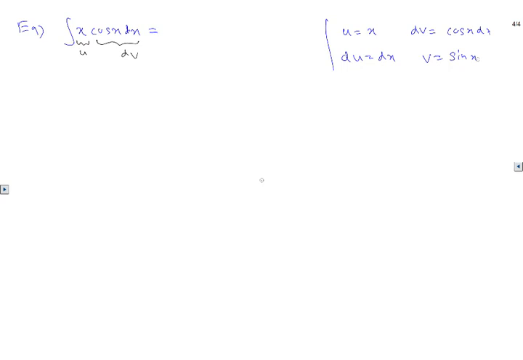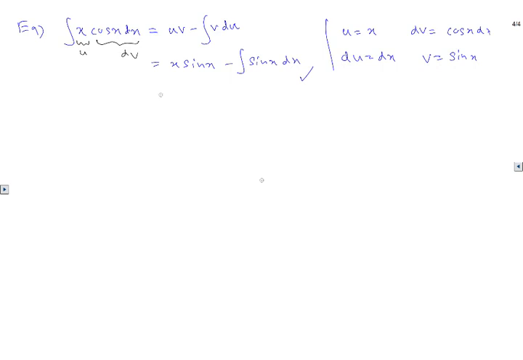The formula is uv minus the integral of v du. The u is x, so it's x sine x, minus v, which is sine x, times du, which equals dx.